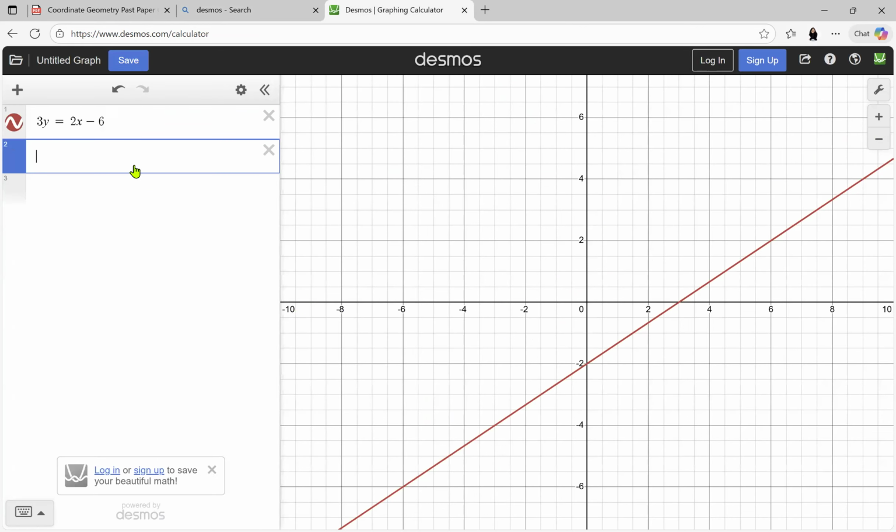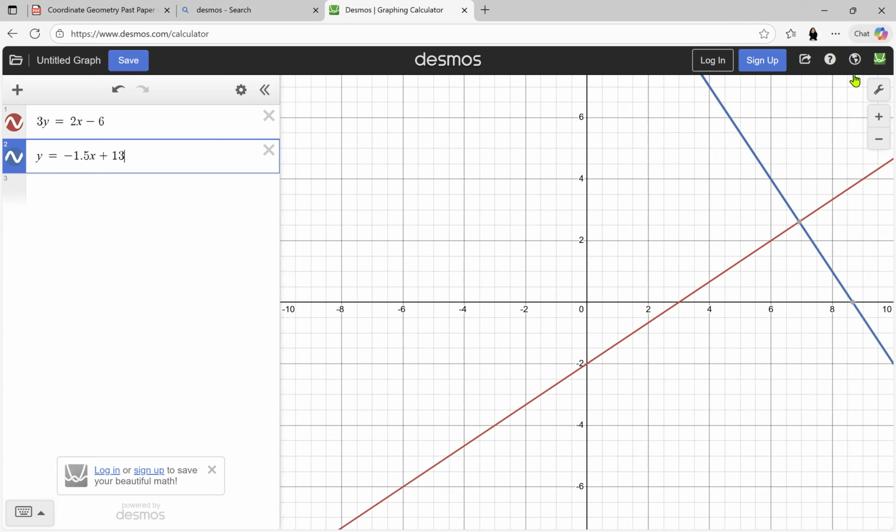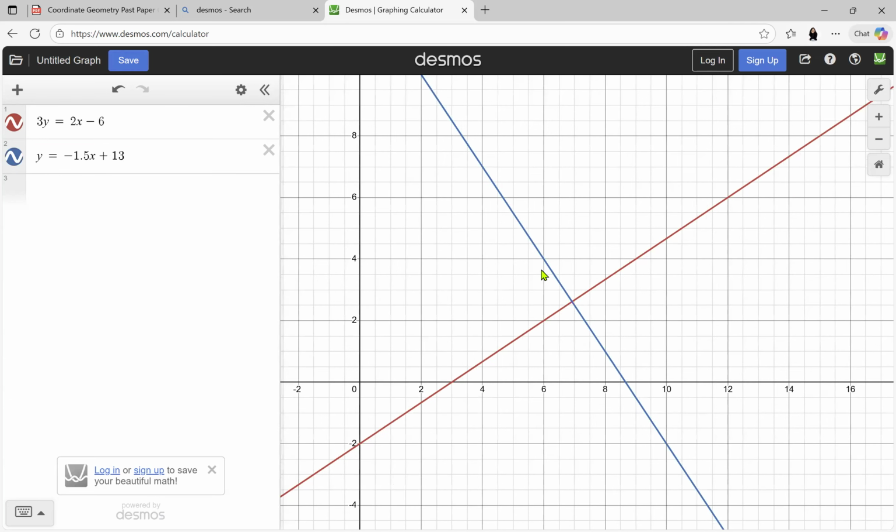So let's draw that. y is equal to negative 1.5x plus 13. And there we have it. So you can see that each of those lines is perpendicular to the other, meaning that perpendicular means that it forms a right angle. Here it is, right? A right angle.